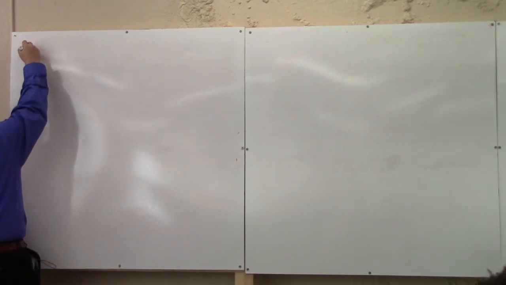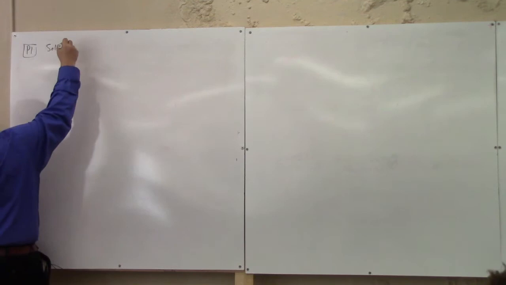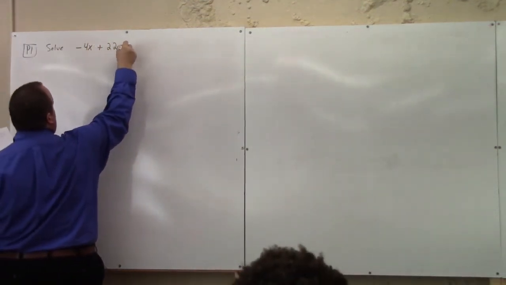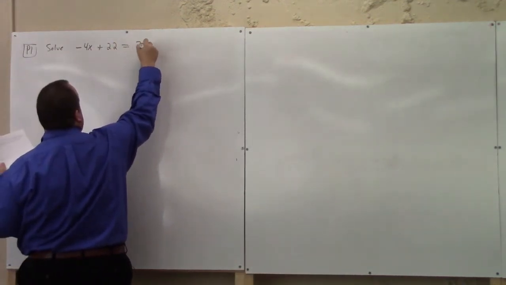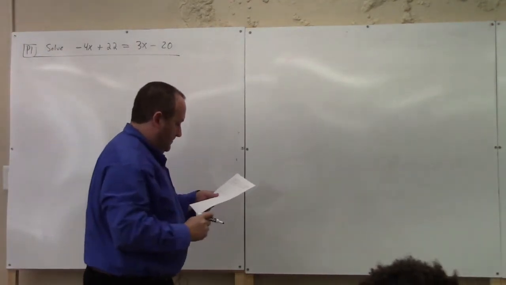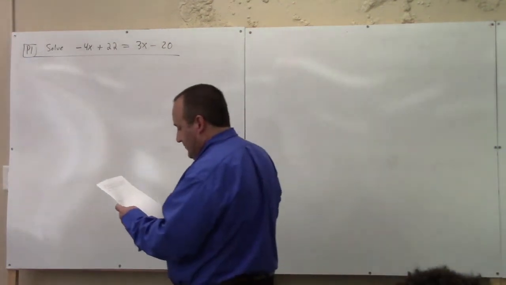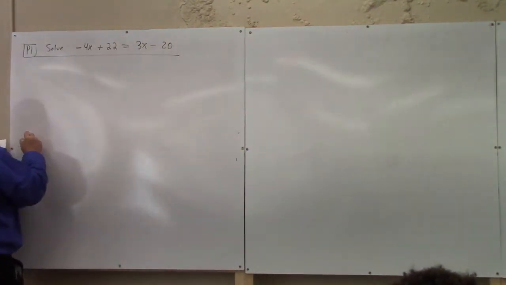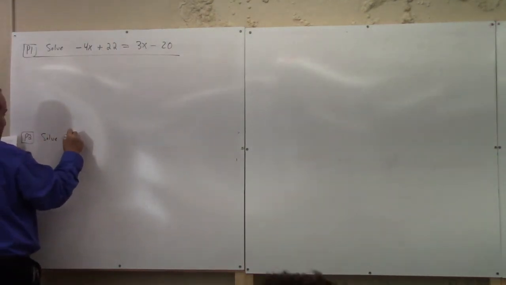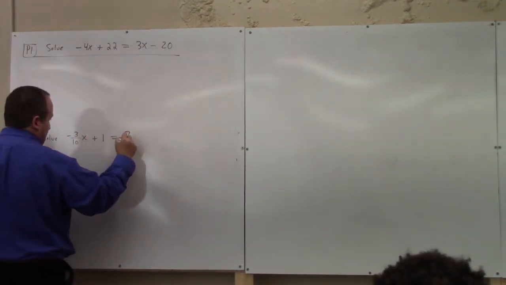So here's problem 1. We're asked to solve minus 4x plus 22 equal to 3x minus 20. And then problem 2 is to solve minus 3/10 x plus 1 equal to 7/5.